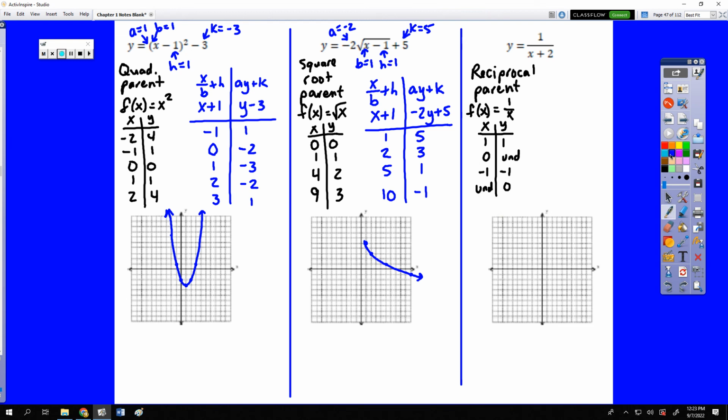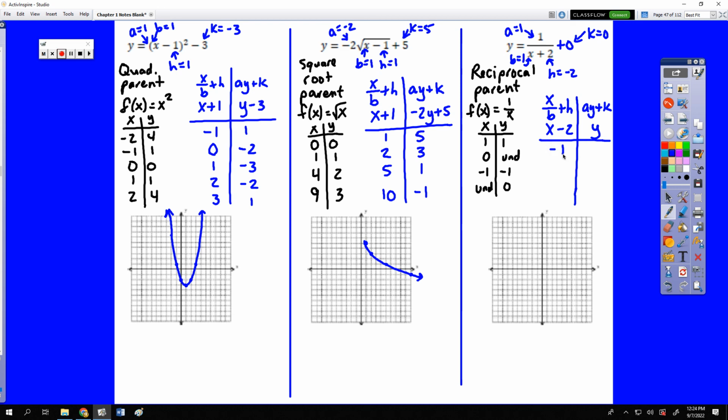Then we identify the a value is 1, the b value is 1 because there's no number attached to x, h is negative 2, and k is 0, which means when we alter the table, x divided by b plus h, ay plus k, the only thing that's changing is we are doing x minus 2. The y is staying the same because a is 1 and k is 0.